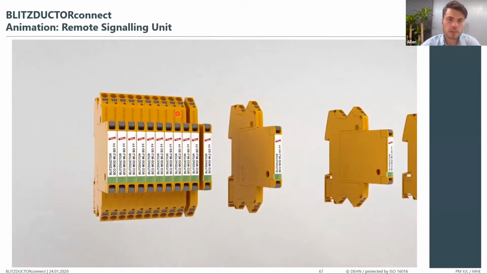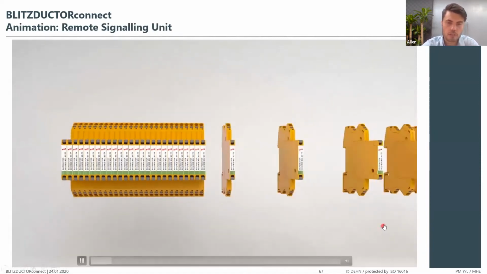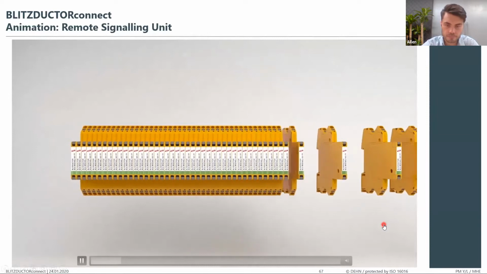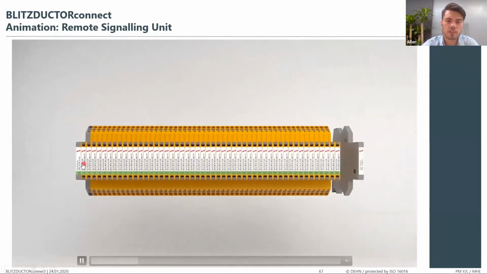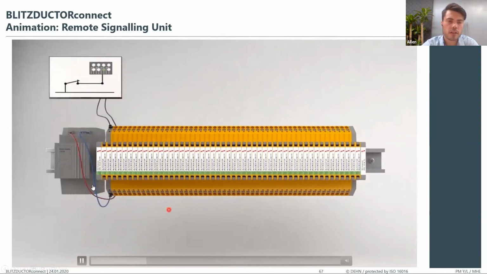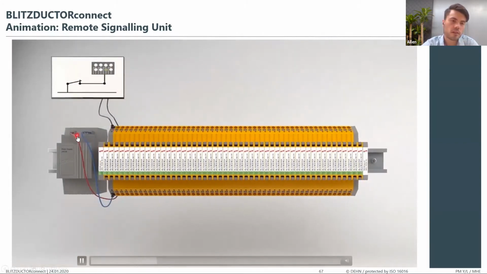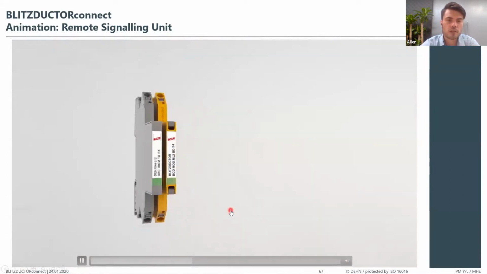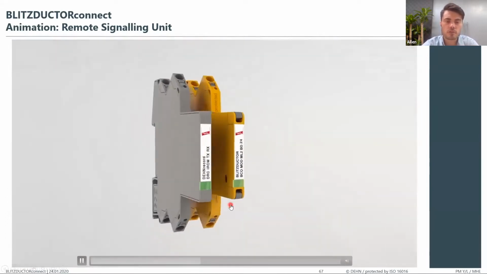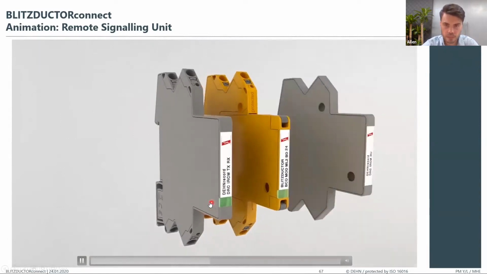If you have a lot of these Blitzductor Connects installed, you can implement a monitoring system which does active monitoring. You are supplied with an external voltage or power source, and this works by determining which SPD has failed. It works with a transmitter and a receiver.